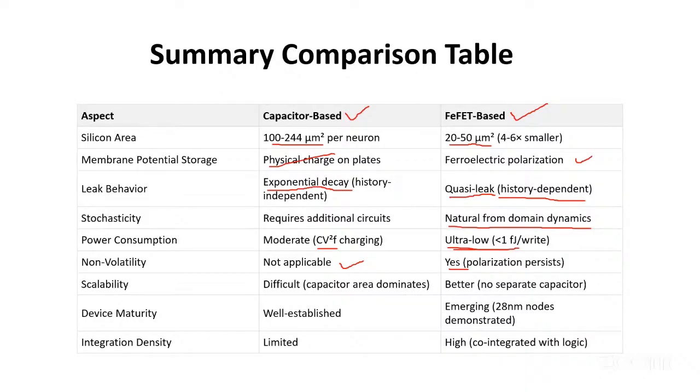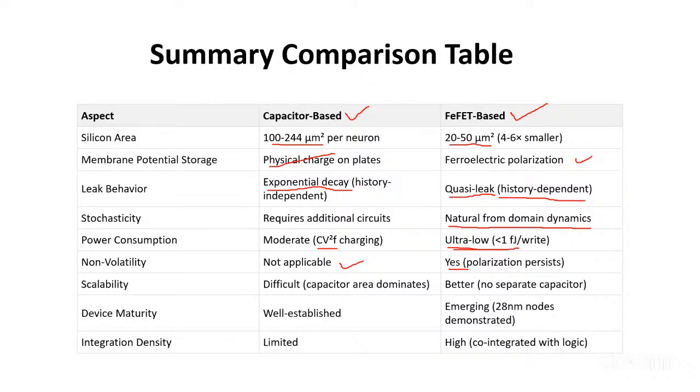Then device maturity: this is well established for the conventional approach, obviously, because we have MIM caps, or metal insulator metal capacitors, present in our CMOS technology. FEFET based is emerging, and we have demonstrations at 28 nanometer nodes, and physical demonstrations of ferroelectric FETs have been done.